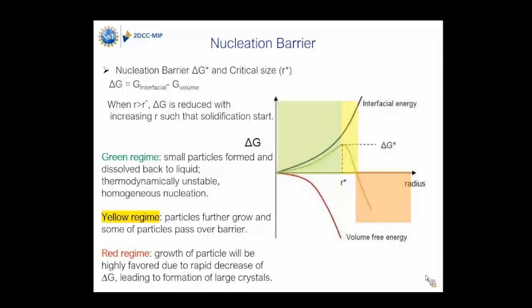It's basically the change of Gibbs energy, the difference between the interfacial Gibbs energy and the volume free energy, meaning the free energy of the nucleated solid phase. Because when a nucleus forms, you have a surface, an interface between the particle and the solution, and that brings interfacial energy, which increases the energy.